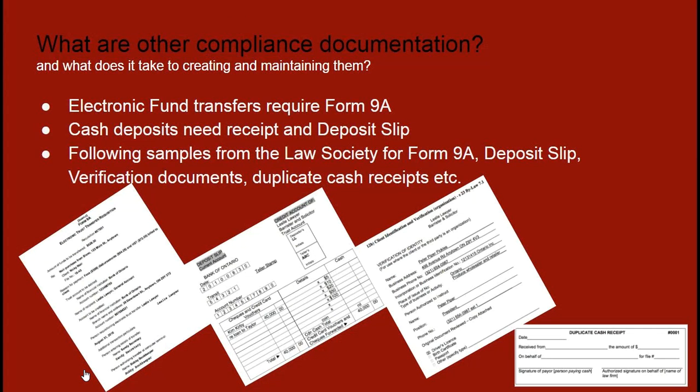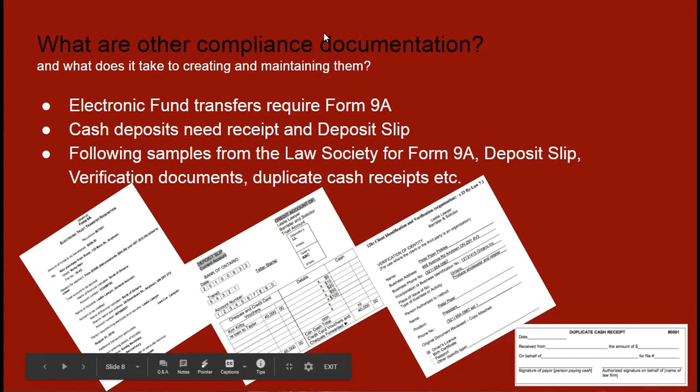Then comes certain jurisdictional documents that are more recent in nature that are being asked for. One of them being, and often we find it's being asked during audits, especially here in Ontario, I believe, is a Form 9A. If you've had cash deposits, so let's say you take a retainer and deposit it into the cash, there's no line item to say it was a check.